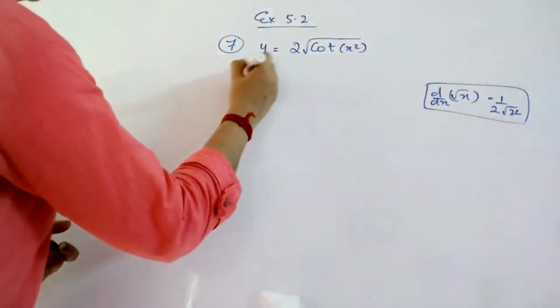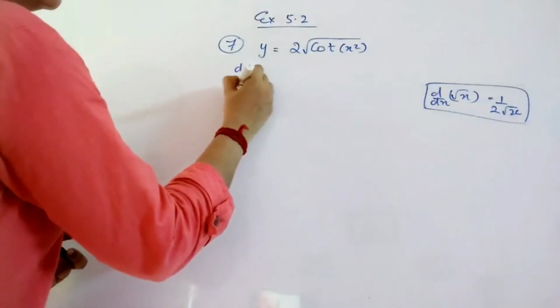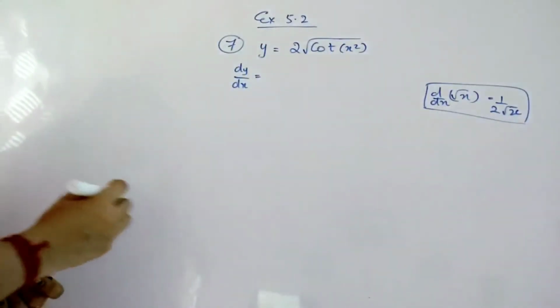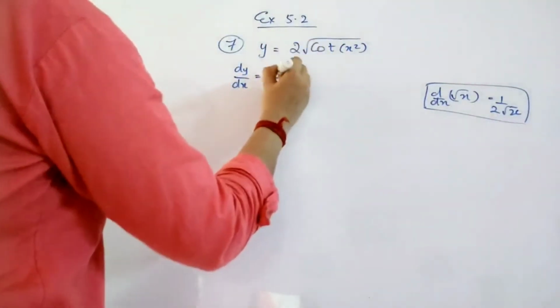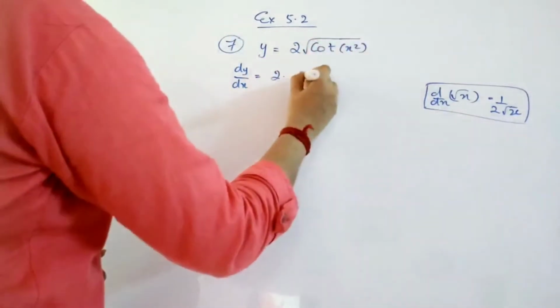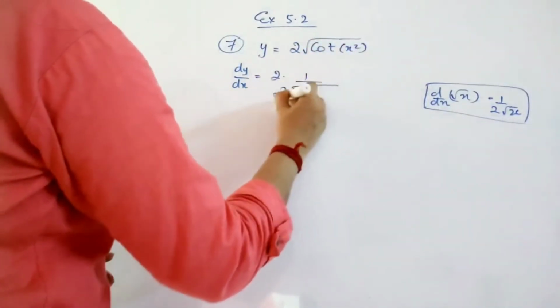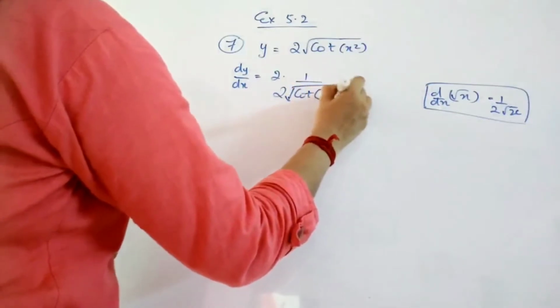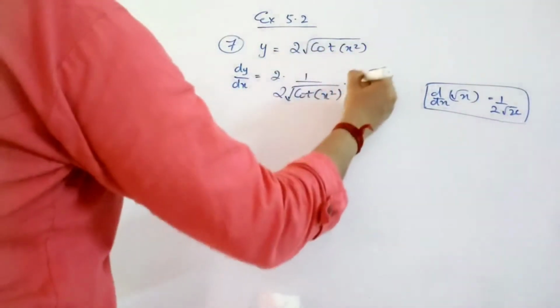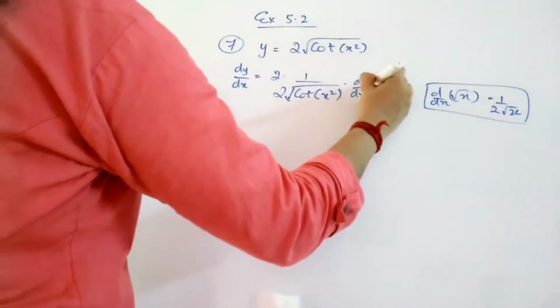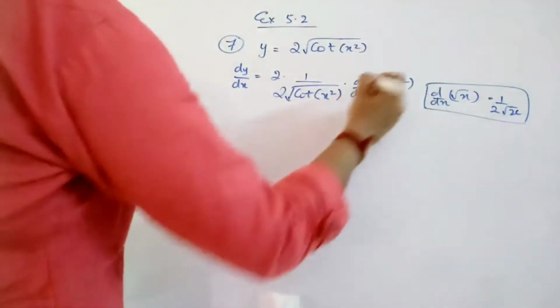That means by differentiating with respect to x, we will get dy by dx is equal to 2 is a constant, so 2 into root of something will be 1 by 2 root of that thing into the derivative of what you have got, cot of x square, as the term.